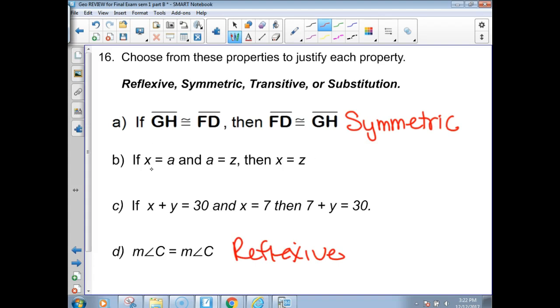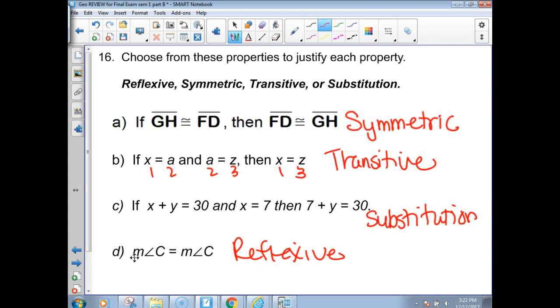All right, then, if you have x equals a and a equals 0, 1, 2, 2, 3, 1, 3. That was my transitive property. And then, oh, you got this statement, and then you're told that x is 7, and then you go and replace it. Good. Substitution. I like the participation. Okay.